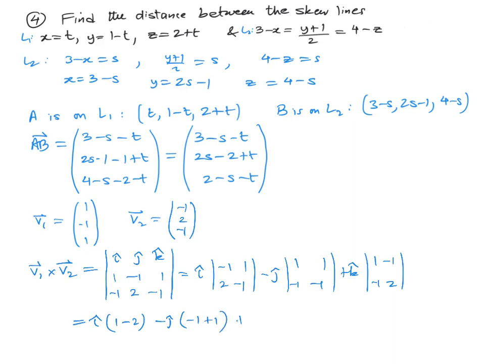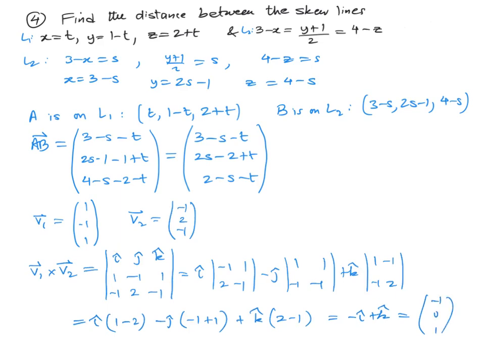That's convenient. Plus k hat, and then 2 minus 1. So this becomes negative i hat plus k hat, or in other words, negative 1, 0, 1.